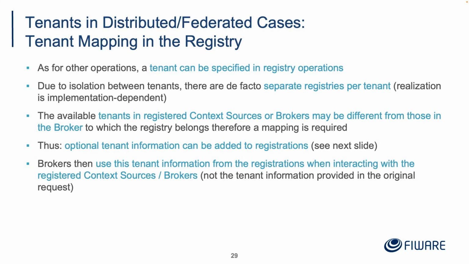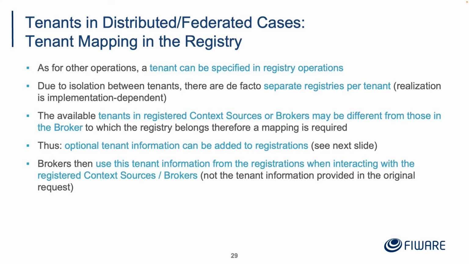Now, as you would expect, tenancy is also transparently covered within the registrations. So you could set up a registration which says, okay, I want to get my vehicles from that context broker over there using this NGSI-LD-Tenant header. So it's optional.